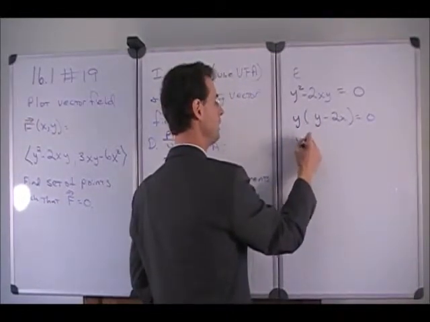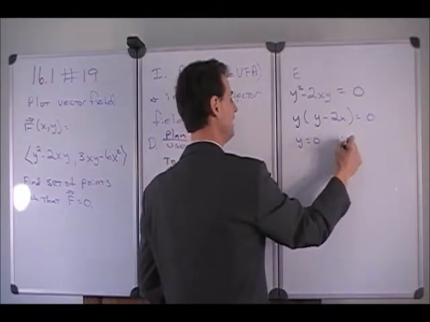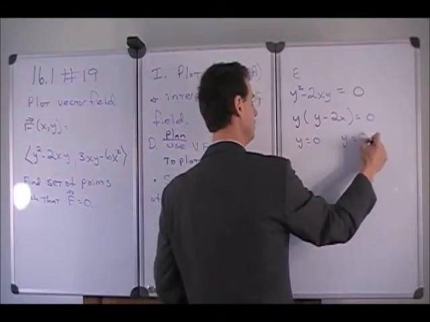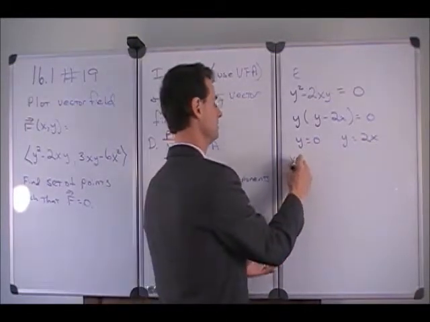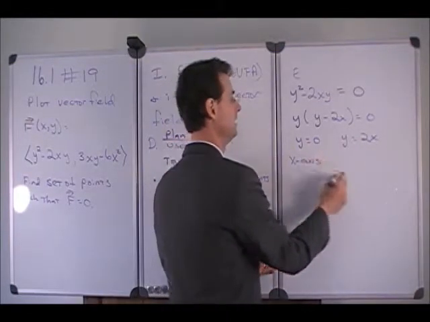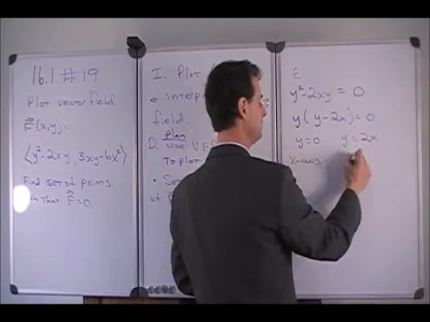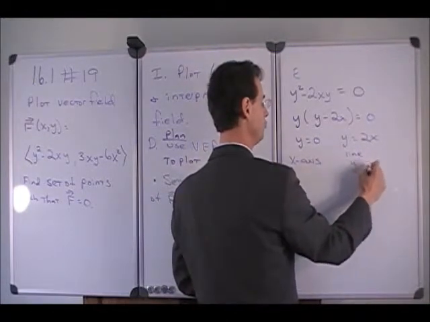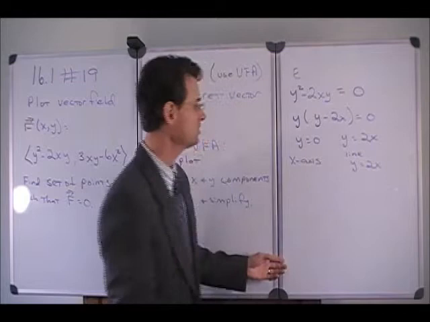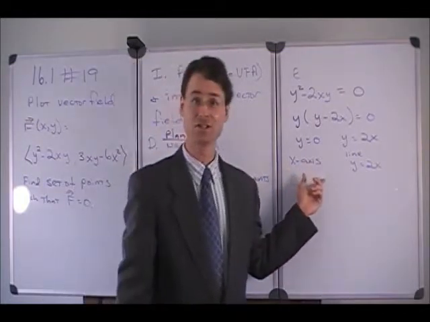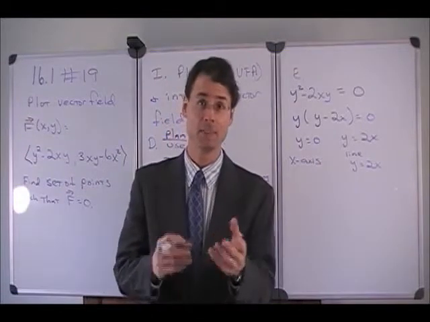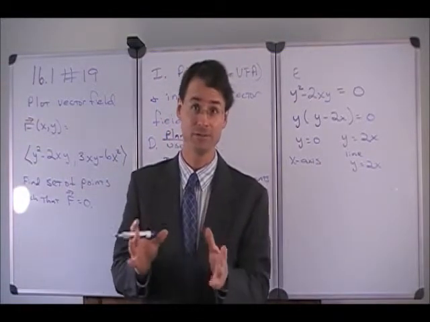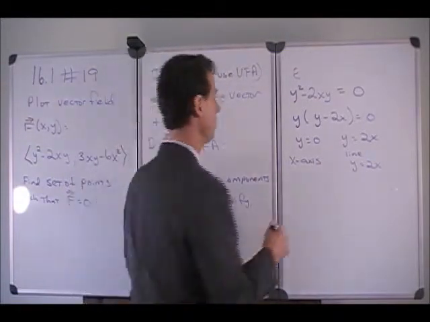So this has two solutions, y equals 0 and y equals 2x. So this is the x-axis, and this is the line y equals 2x. So what this tells us is that along the x-axis and along the line y equals 2x, the x component of our vector field is going to be 0.